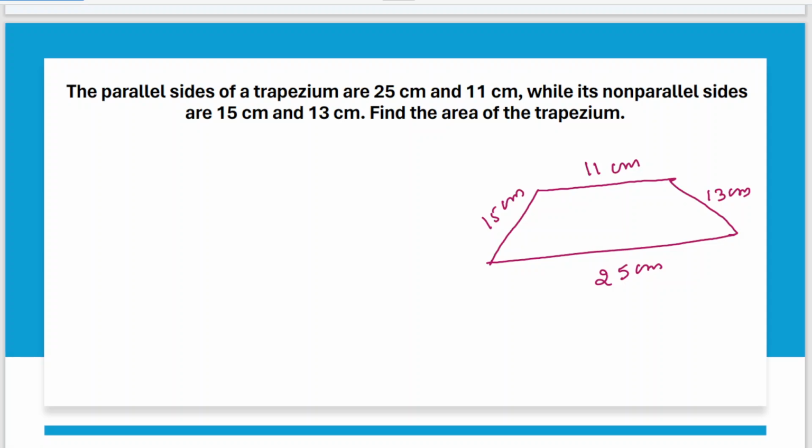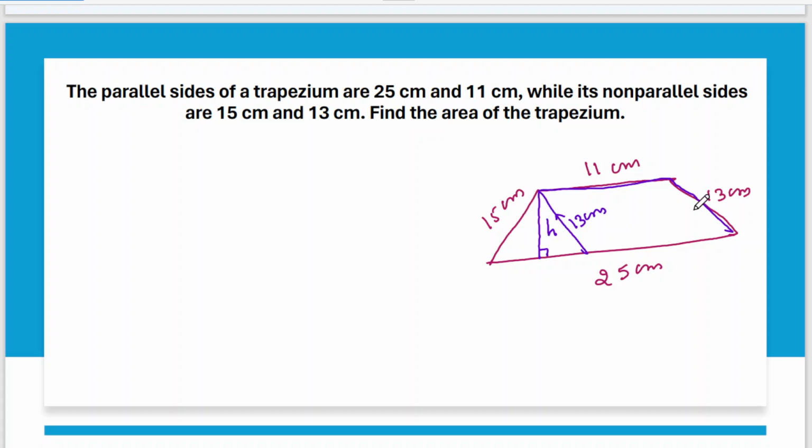Okay. Now, the first step that I am going to do is to draw the height of this trapezium. I have drawn the height and I will name it as h. Now, see, this is 11 centimeter and this is your 13 centimeter. I am going to draw another line which is 13 centimeter and cut this.